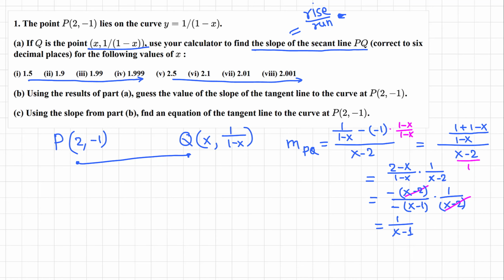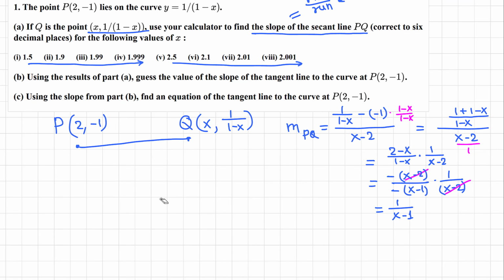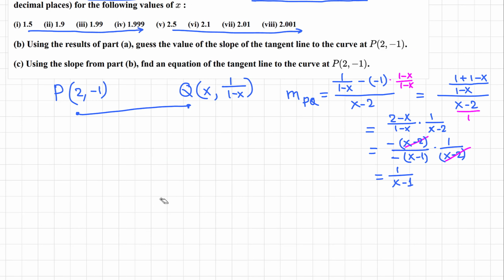So we can make a table where we have x values in one column and the slope in the second column. Slope is denoted by m of this secant line PQ, which is given by 1 over x minus 1.